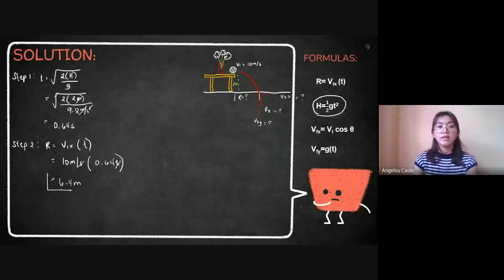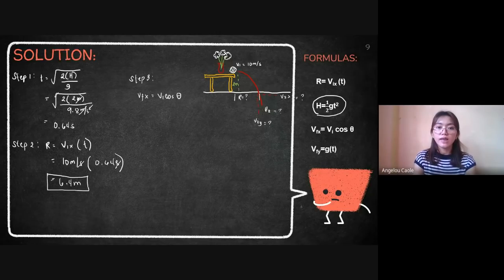And for step 3, we are now going to find the x and y components of the final velocity. For the x component, we have v of x is equal to vi cosine theta. So just substitute here.